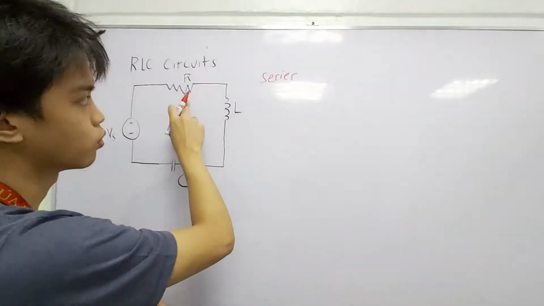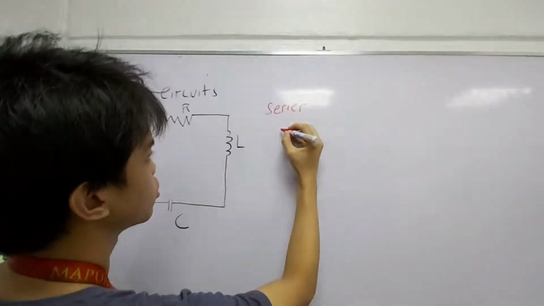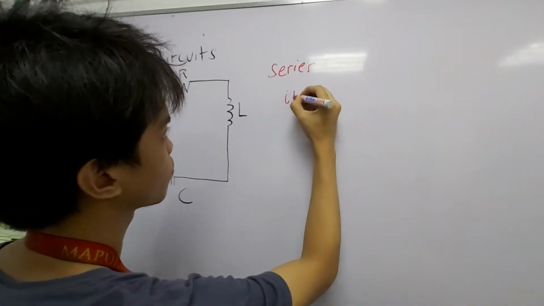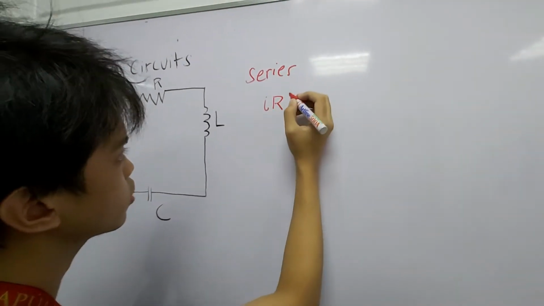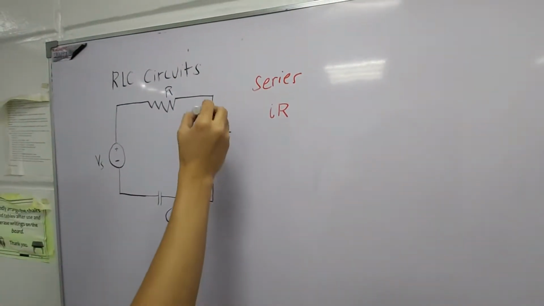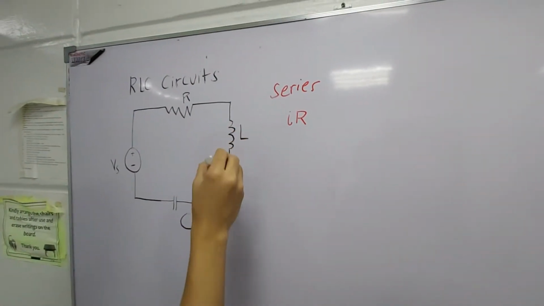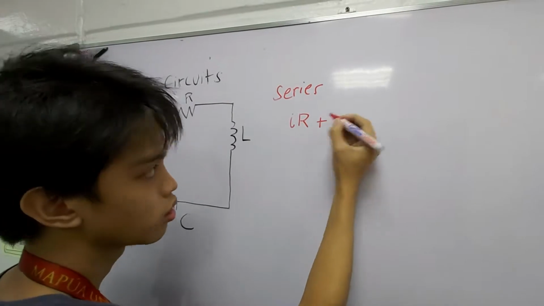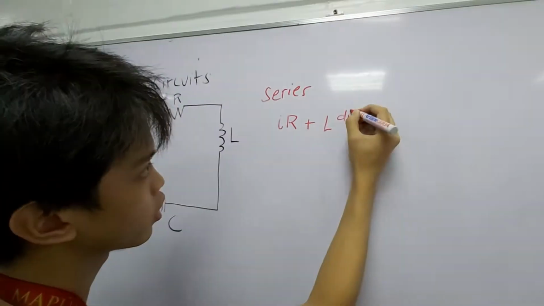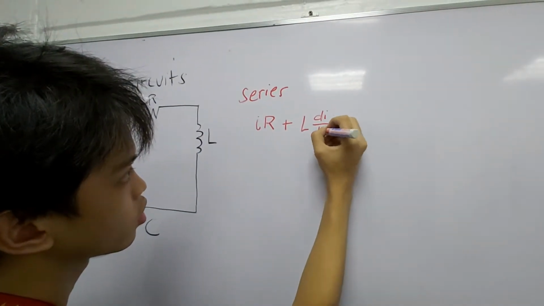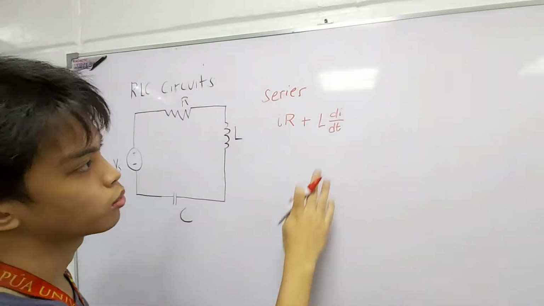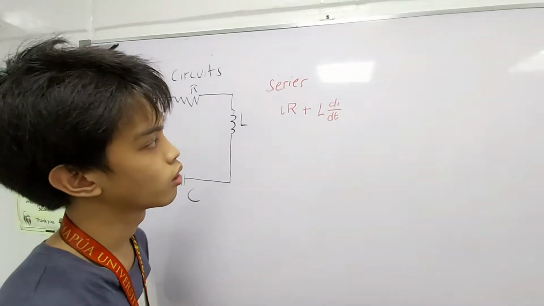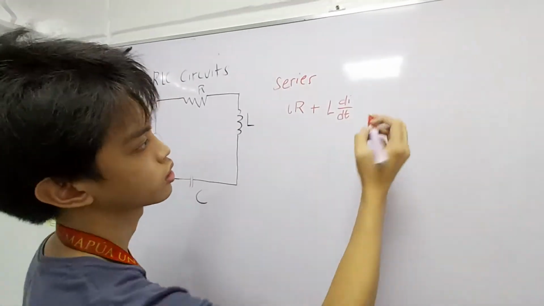So that's the voltage across the resistor, so we're going to write that here. And the voltage across the inductor would be L di over dt. That is the common formula used for inductors and inductance.